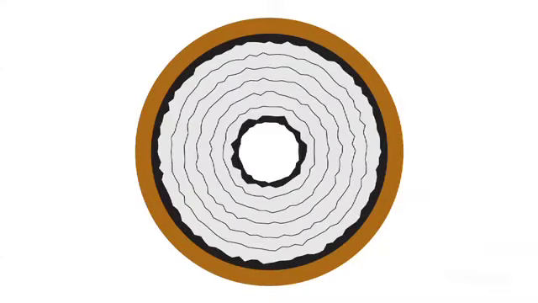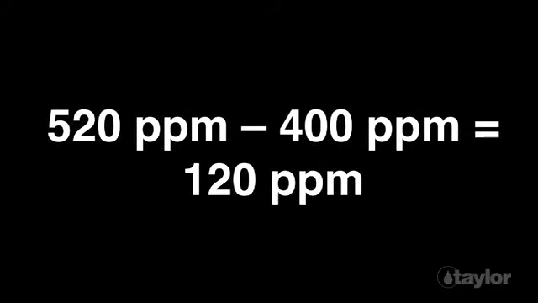Suppose the total hardness in the previous cooling water example was only 520 parts per million, and the calcium hardness in the makeup water we tested was 400 parts per million. Then, the magnesium hardness in the cooling water would be 120 parts per million.